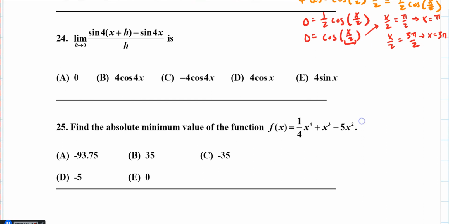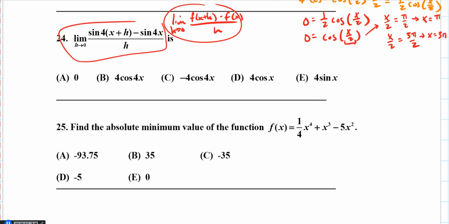24. The limit of (the sine of 4 times (x plus h) minus the sine of 4x) all over h looks like the difference quotient, f of (x plus h) minus f of x all over h, which tells me this is how we do derivatives. So this must be a derivative, but it's the derivative of what function?